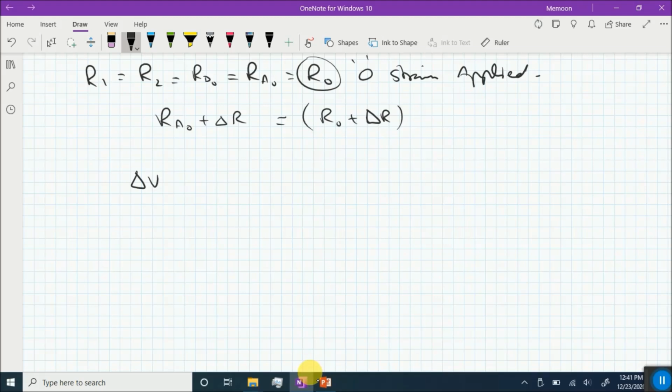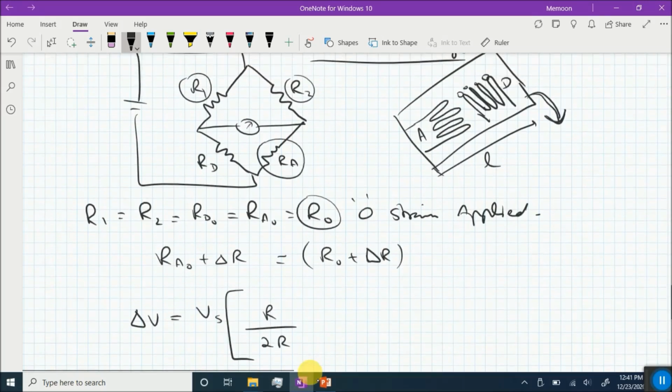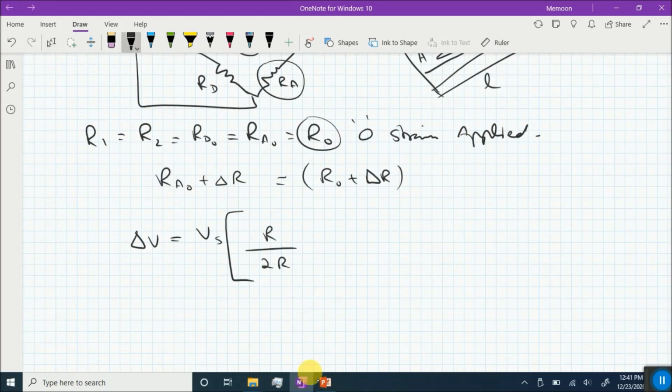Delta V will be equal to Vs, that is our supply voltage, into R over 2R of this branch. Both of them are R, and when the strain is applied, none of these resistors will change. R2 will also not change, only RA will change. So that would be equal to minus R plus delta R over 2R plus delta R.